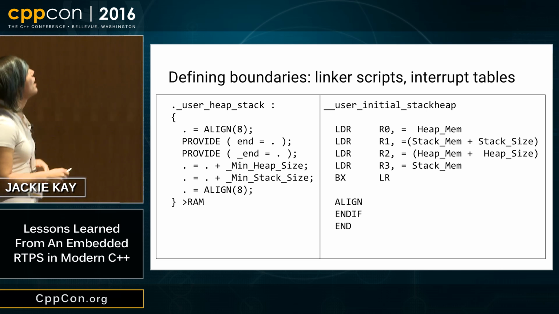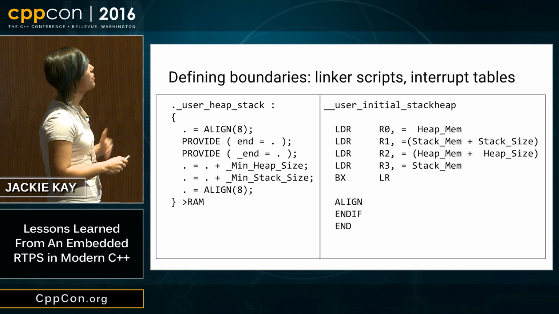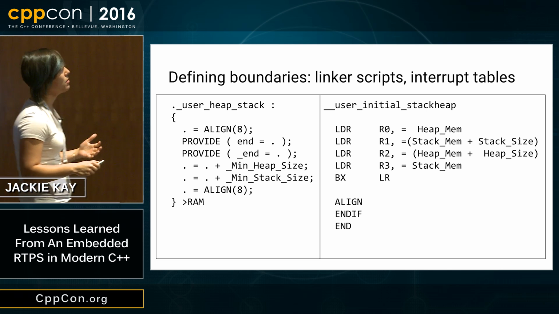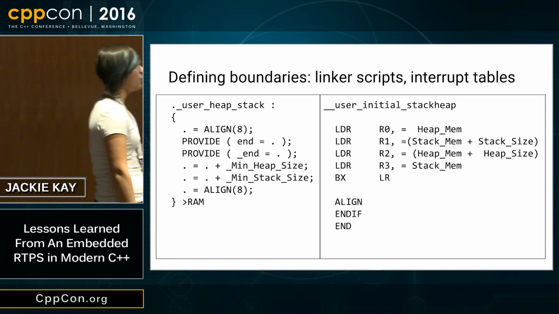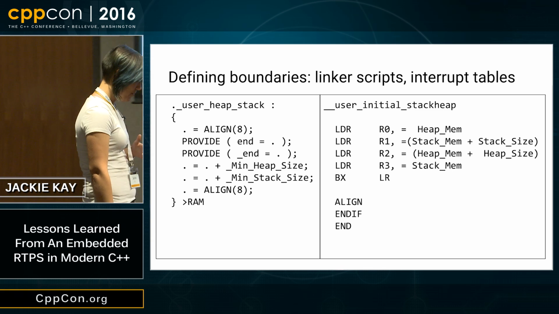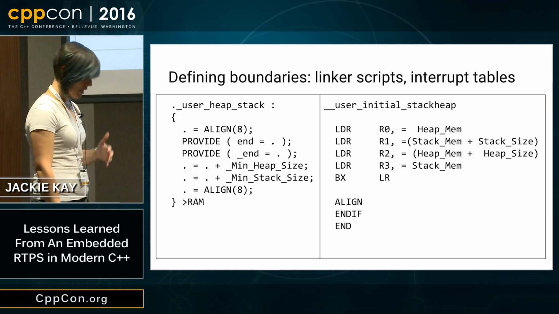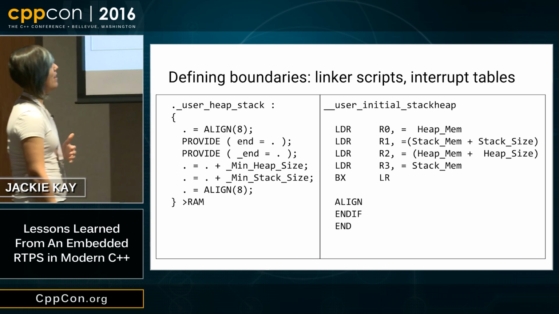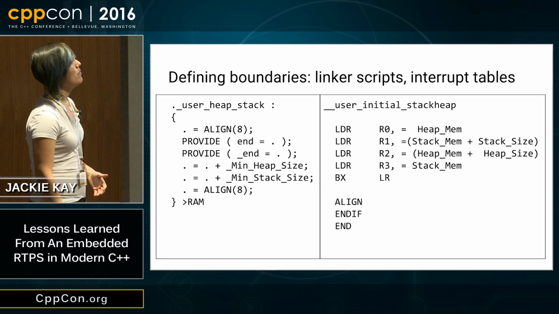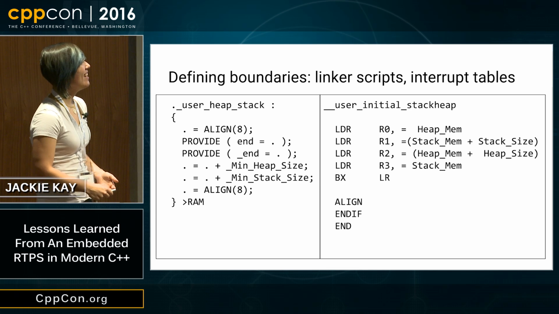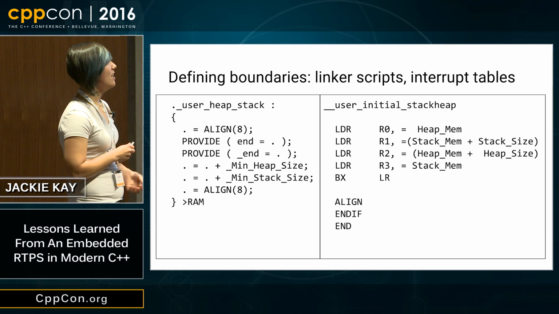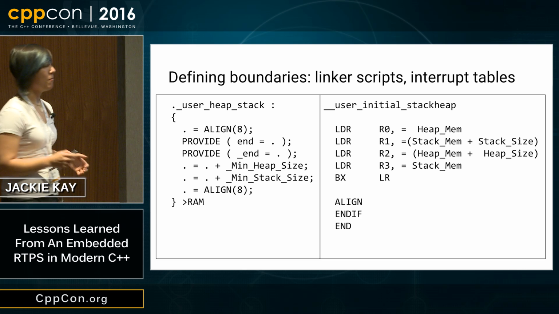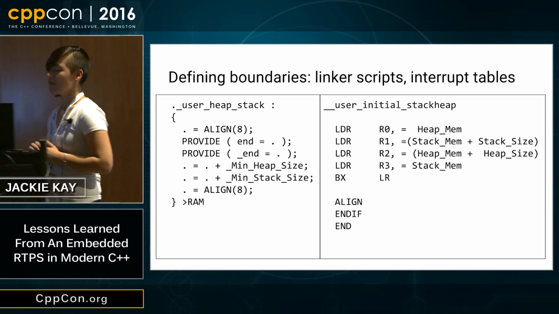This is an example of how you would use the linker script syntax to do that. These are variables that are set somewhere higher up in the linker script. And it's probably very rare on desktop computing that you're going to modify vector interrupt tables. But in case you wanted to, here's an example of some assembly you can write to load registers into memory to, again, limit the heap memory and stack memory used by your binary.